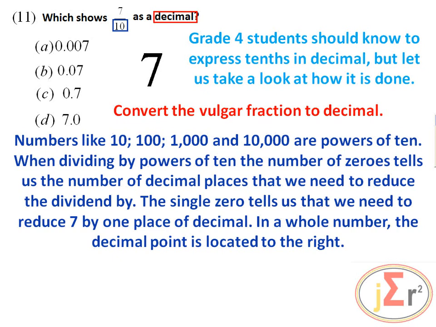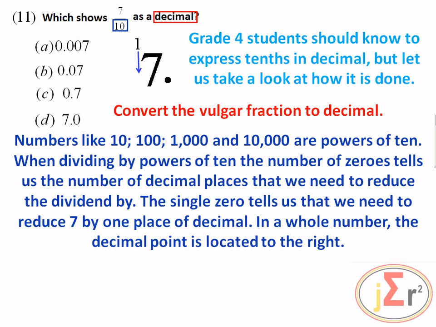The single zero tells us that we need to reduce 7 by how many places of decimal, Jerry? 1 place of decimal. In a whole number, the decimal point is located to the right. So we need to reduce that 7 by 1 place of decimal.